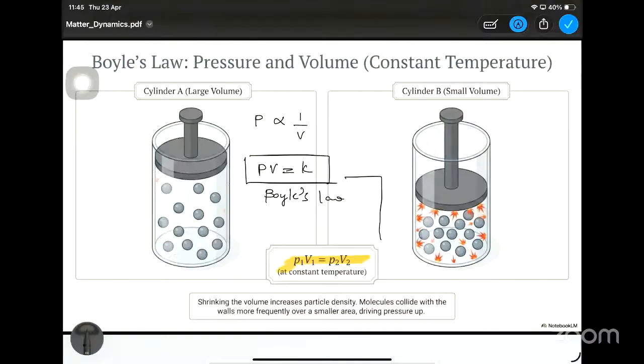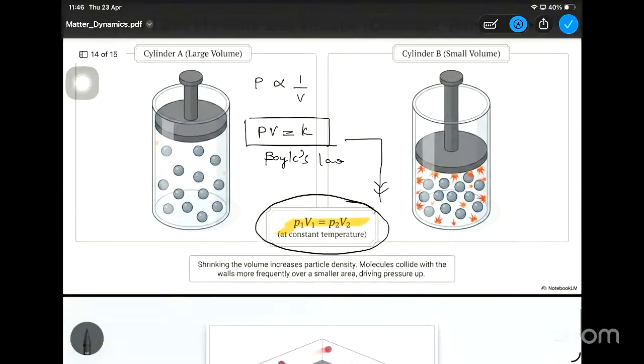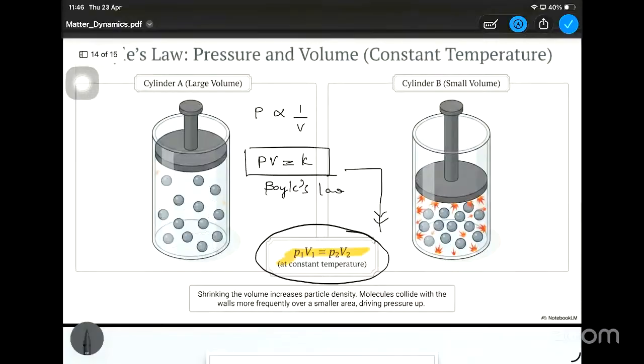And this is the extended version where you can compare two different systems. Most of the time we will be using this equation, P1 V1 equals P2 V2, and depending on the situation, you can calculate the wanted pressure or the volume, right? So when the volume goes down, pressure will go up, right?